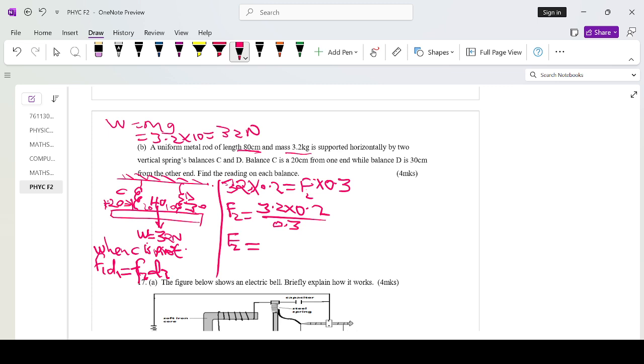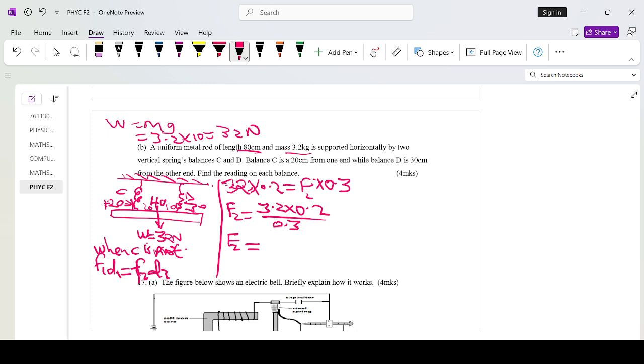How far is it? The total length is 80 already. 20 is left, 30 is left on the other side, so that is 50. So the remaining distance, you subtract 50 from 80, that is 30. Yes, that's correct. So it should be equal to F2 times its perpendicular distance from the point of support, which is 30.